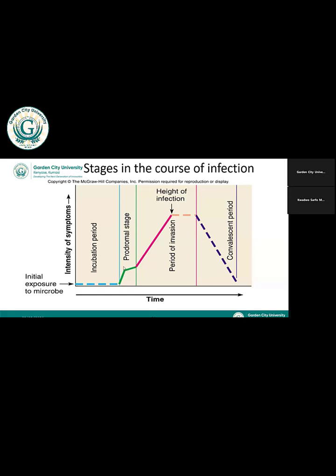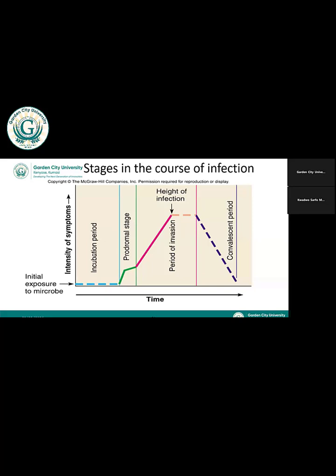So in some cases, at this stage, when the organism is incubating, you may not detect it until it gets to the height of infection. Example, for malaria, in the incubation stage, where the organism resides in the liver, until it comes into the bloodstream, symptoms are not seen by the individual.